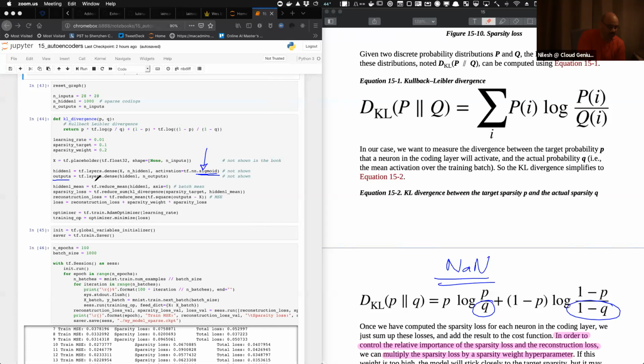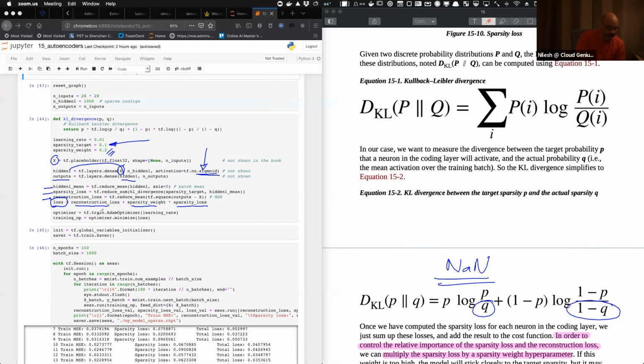And the output layer is defined based on hidden one. So this input X goes here, and then you calculate the mean, calculate sparsity loss, calculate reconstruction loss, and your total loss is the reconstruction loss plus sparsity weight times sparsity loss. Your weight is defined here. Sparsity target is 0.1, which is what you want to target.